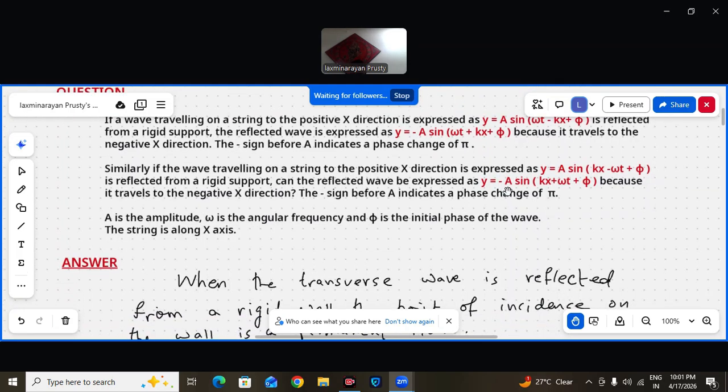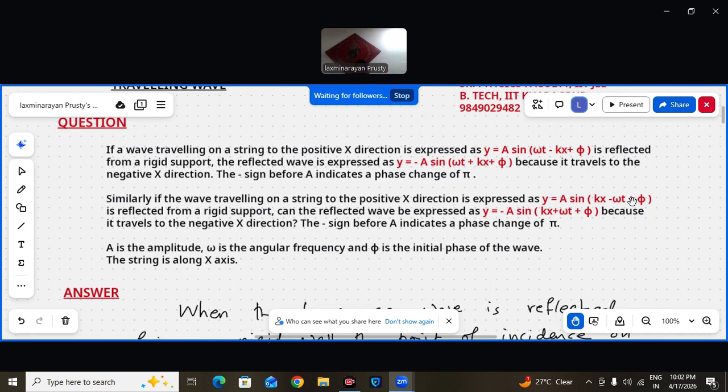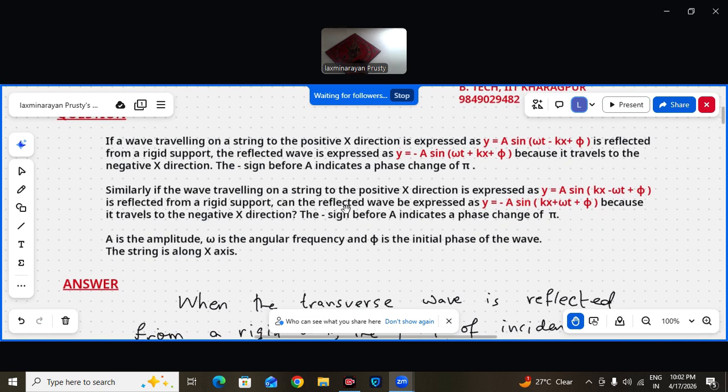But now the question comes: if the wave traveling on the string in the positive x direction is expressed as y is equal to a sine kx minus omega t plus phi, it was earlier omega t minus kx plus phi. Can the reflected wave now be expressed as this?